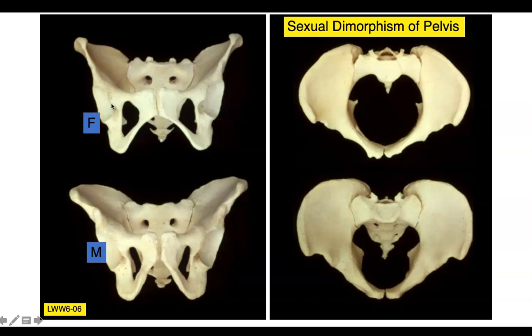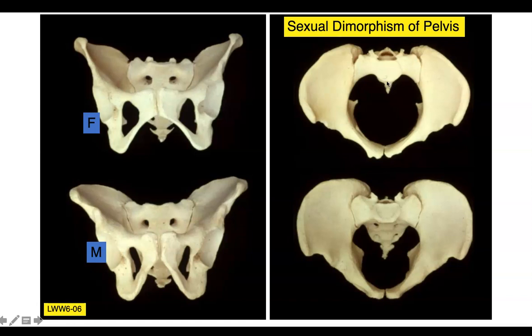But the female pelvis is wider for bearing the child. It is wider, less heavy than the male, and also shallow.